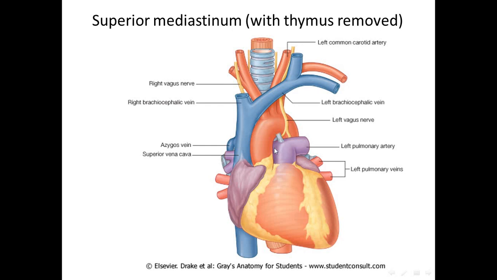This is another illustration of the superior mediastinum with the thymus removed. We will see the thymus shortly. So here we see these great blood vessels that are coming out from the heart, the trachea, the esophagus, the vagus nerves.